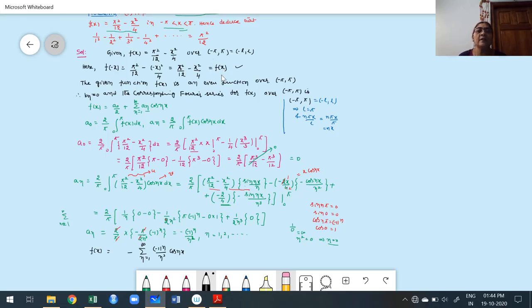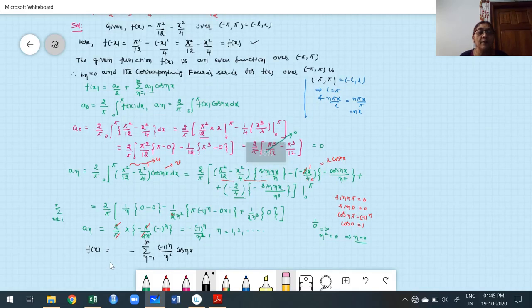The function is an even function over the interval minus pi to pi, so we only have to construct it using subcase A. Before constructing, first you have to know the value of L. The value of L is pi, and n pi x by L is nx. Then I substitute and simplify, find a naught and a_n carefully, and finally we get this f of x.